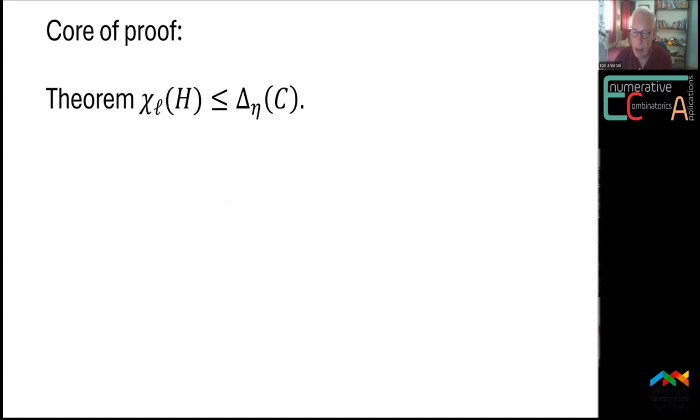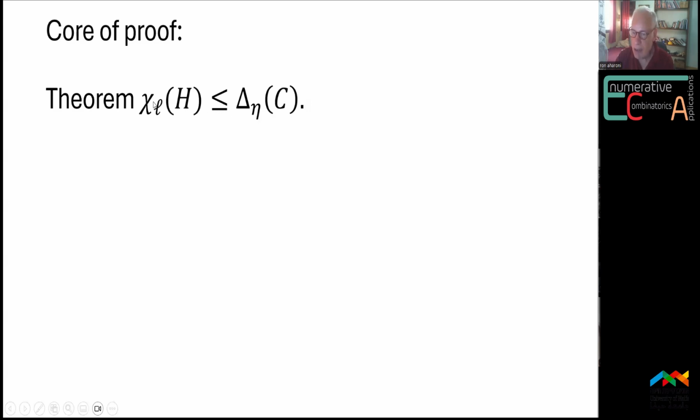I haven't reached the core of the proof yet, which is this one. Chi of L of C is at most delta eta of C. So remember, chi of C is at least delta R, and it's at most delta eta.